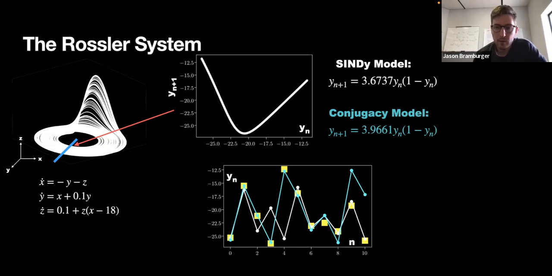That's what I'm plotting for you in the teal or the green, depending on your choice of color. You can see that this thing remains fairly accurate for about 6 or 7 iterates. Every one of these iterates is one full Lyapunov time, so you're going about 6 Lyapunov times into the future. That's pretty much as good as you can get when it comes to simulating a chaotic system.